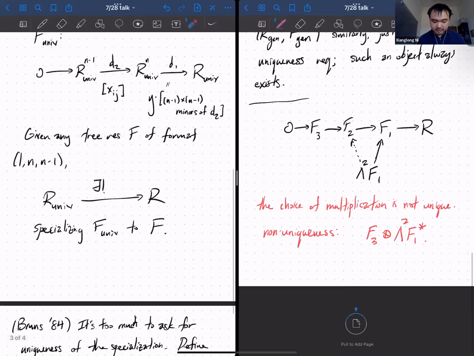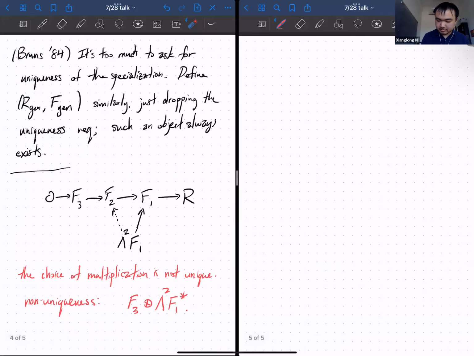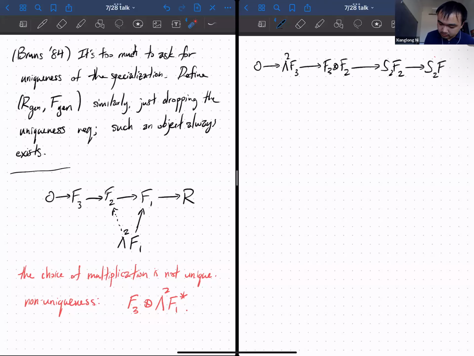Okay. Now the multiplication is perhaps familiar, but you can give other examples. For example, let's say once you've defined the multiplication, it's possible to define a map like this. You don't have to worry so much about the particulars. This is just so I can write down another example, the wedge 2 F3 tensor F2. This is the Schur complex on D3, then finally with S2 D2.